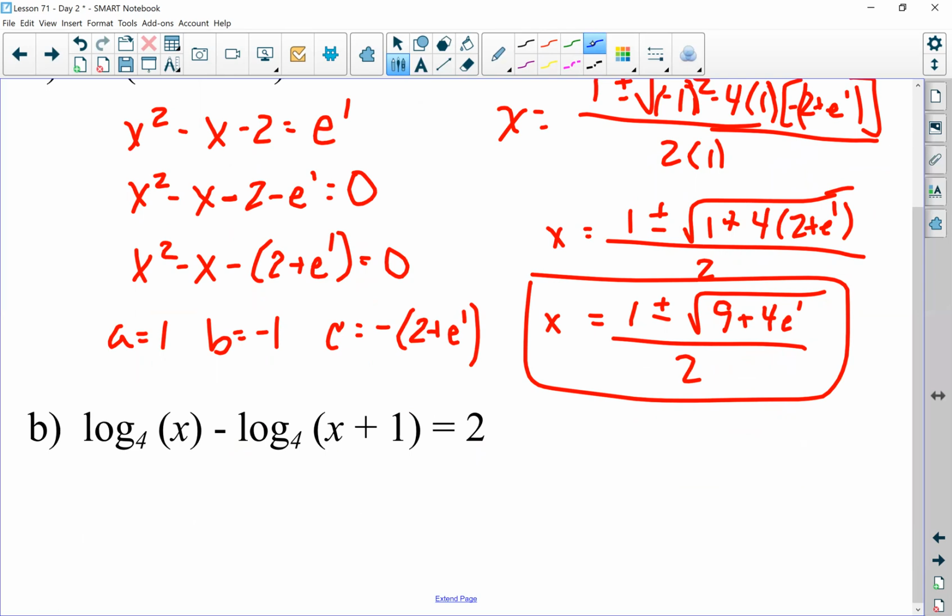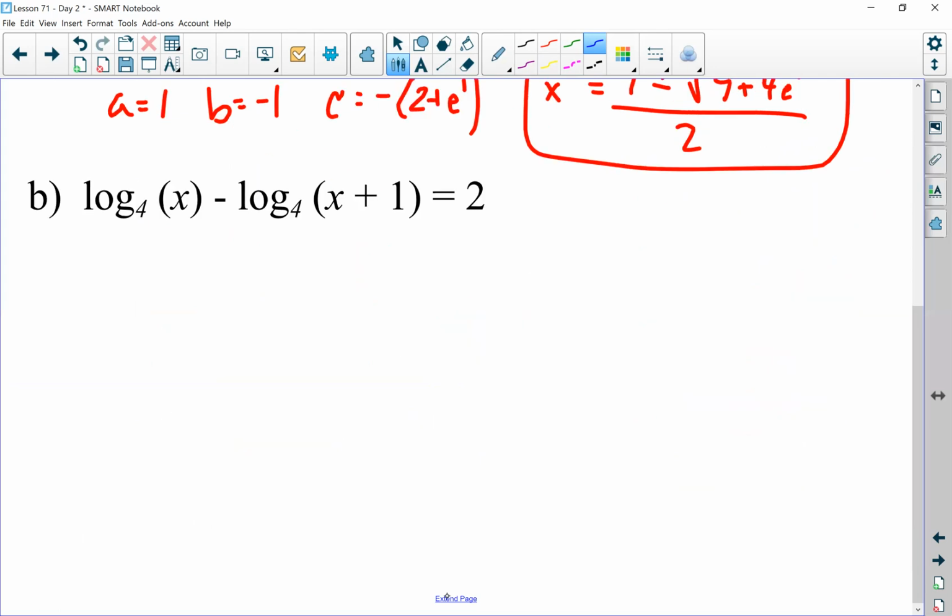All right, so they're all easier from here, maybe. Log base 4 of x minus log base 4 of x plus 1 equals 2. So here we have 2 logarithms, but they're both base 4, which is nice.